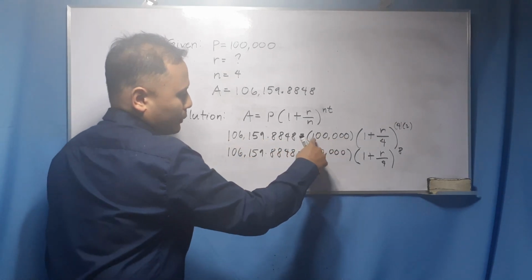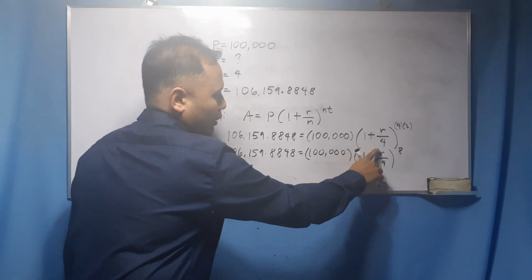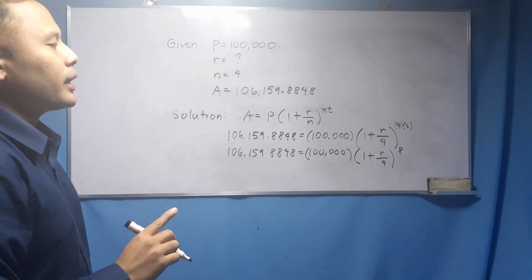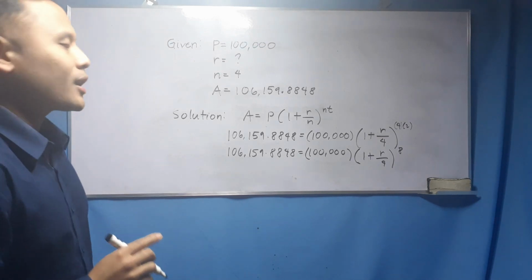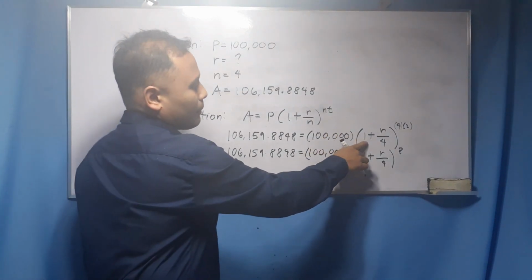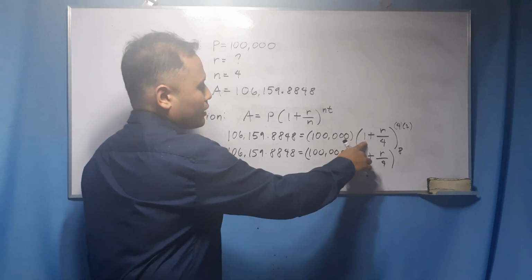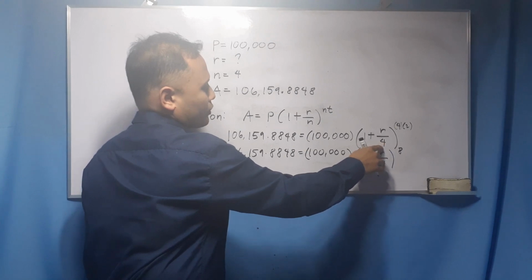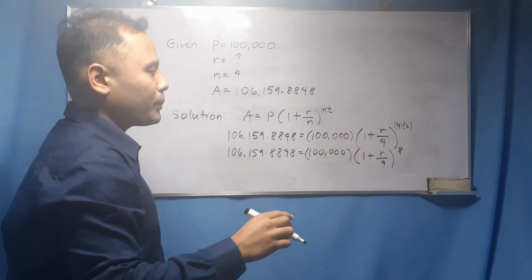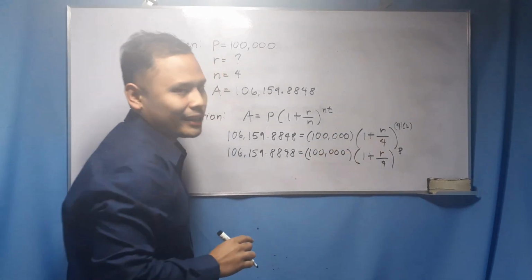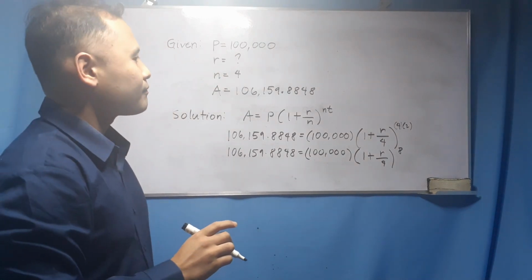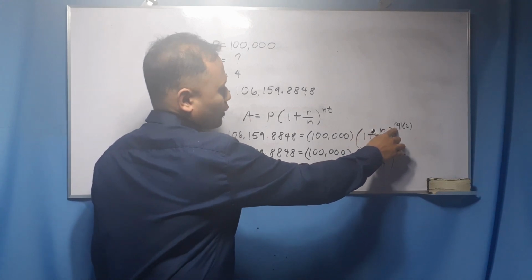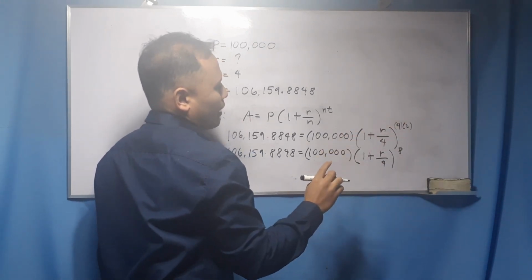We wish to evaluate these terms inside the parentheses, but we cannot readily combine them because this is a pure number, and this term contains a variable. So we maintain these expressions inside the parentheses. In the exponential side, we have the product of 4 and 2, so we have the exponent 8.